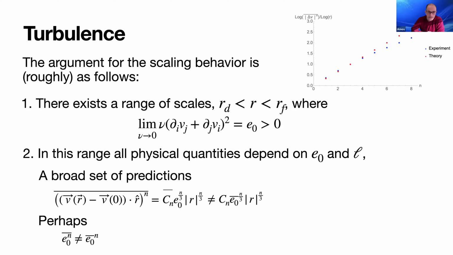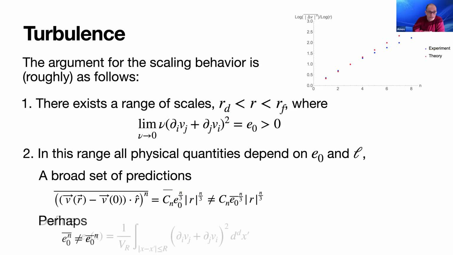And if that's the case, then averaging this quantity and then taking its nth power might have some R dependence, and that's going to affect the overall dependence here.